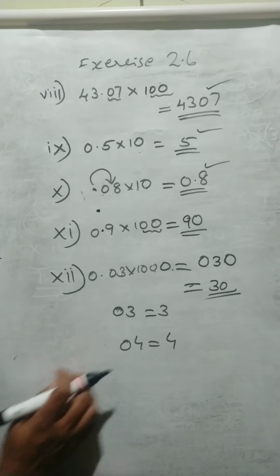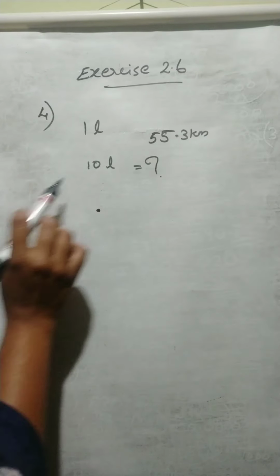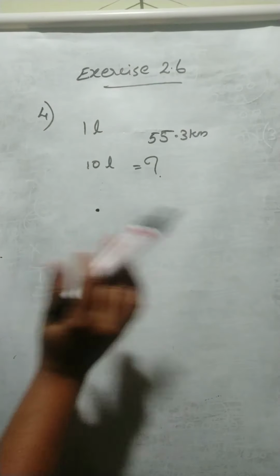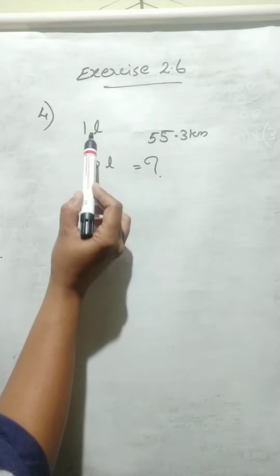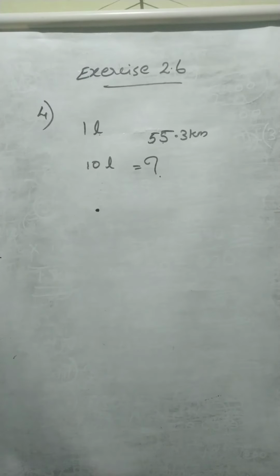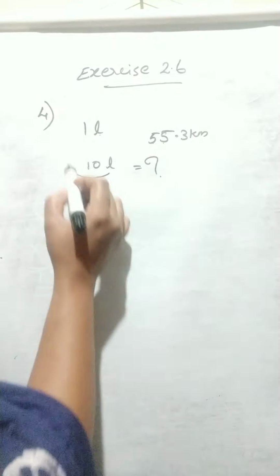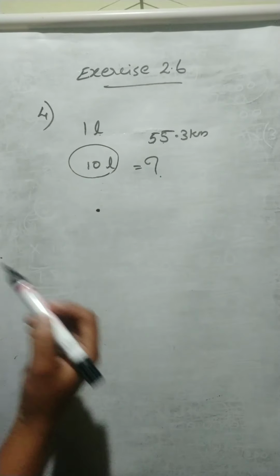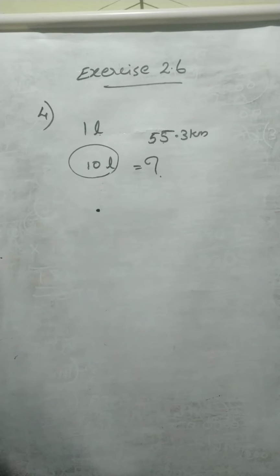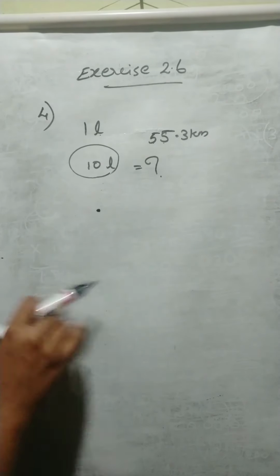Okay. Next question: a two-wheeler can cover 55.3 kilometers by using 1 liter of petrol. But the owner has 10 liters of petrol. He needs to use that today itself. So he is thinking.